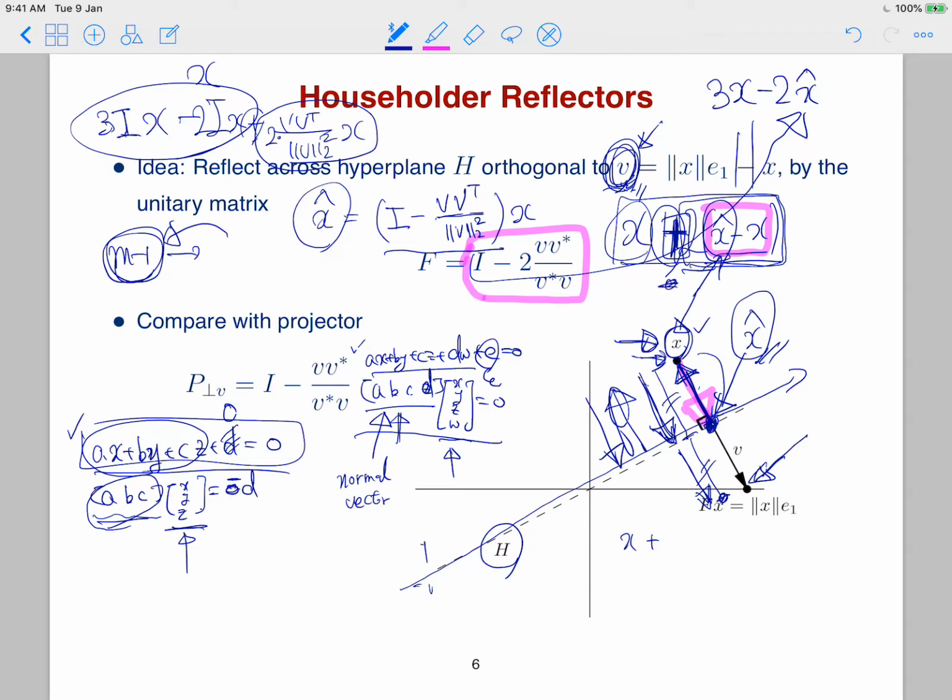Okay, so in this case, it is not 3x minus 2x hat, instead it is minus x plus 2x hat. And then what was x hat?